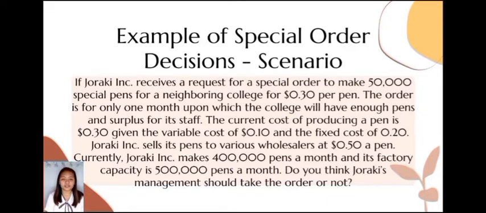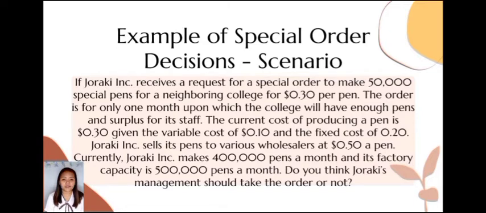So to determine if Joraki's management should take the order or not, let's apply the 3 items that I mentioned in the discussion earlier. Number 1, does the company have the excess capacity to fulfill this order?